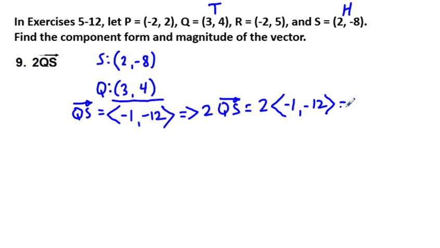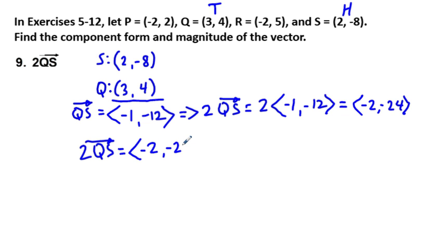And that is going to be equal to -2, -24. So 2QS equals -2, -24.